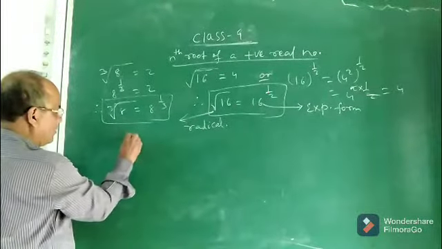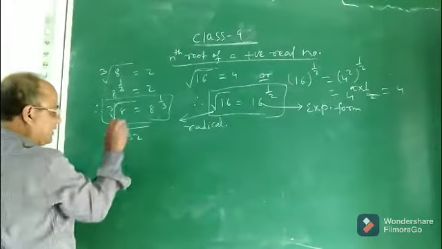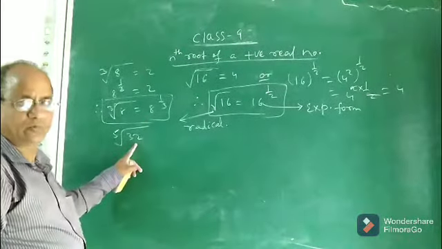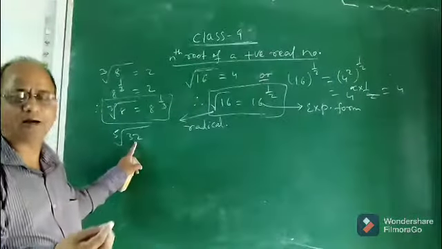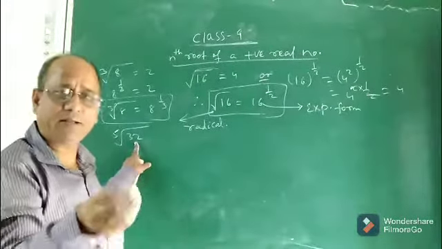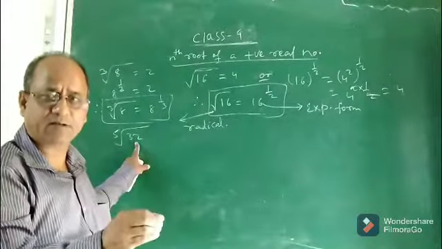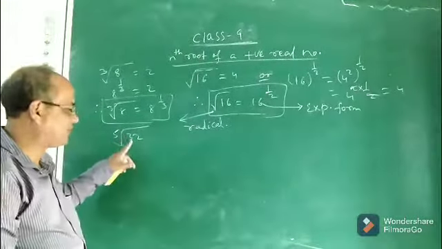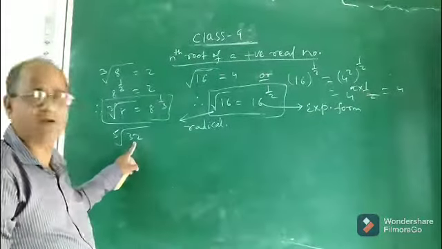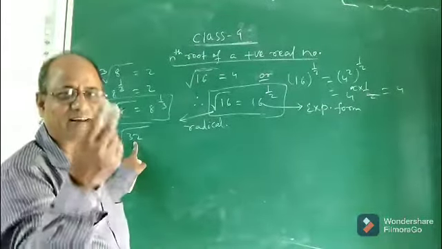Now if I ask you what will be the fifth root of 32. What does it mean? It means by multiplying which integer, maybe positive or negative, 5 times, you will get 32. So you can easily say, sir, it is 2.